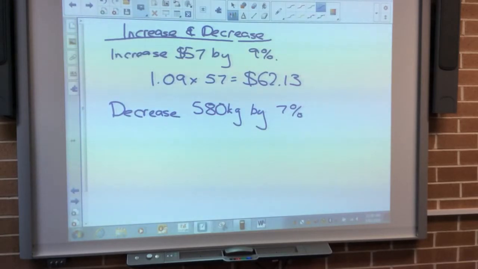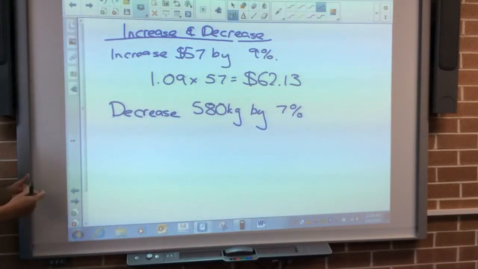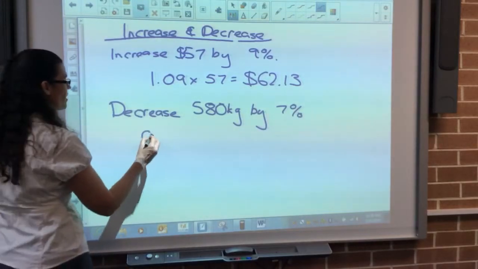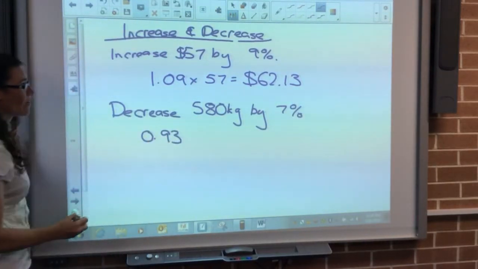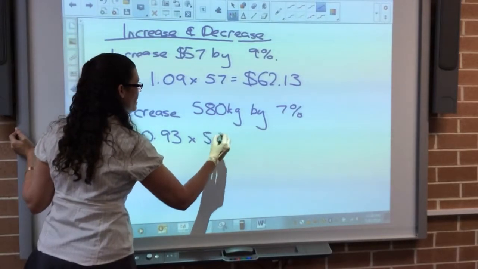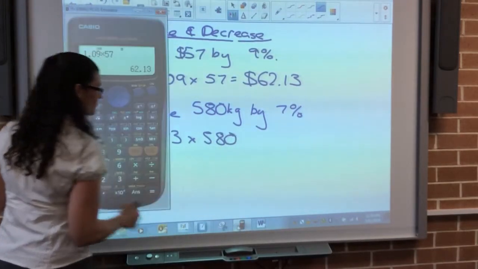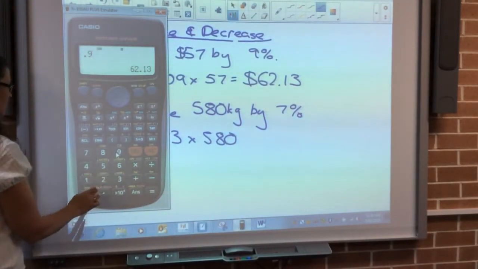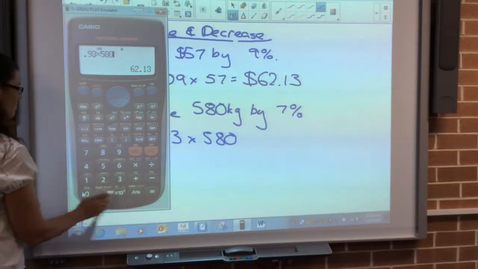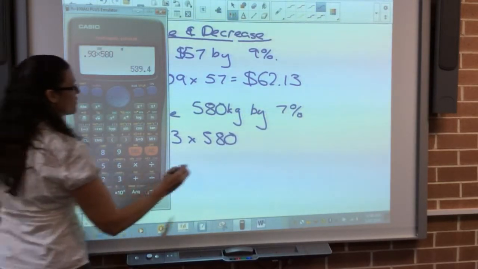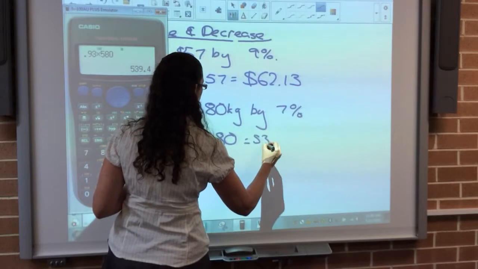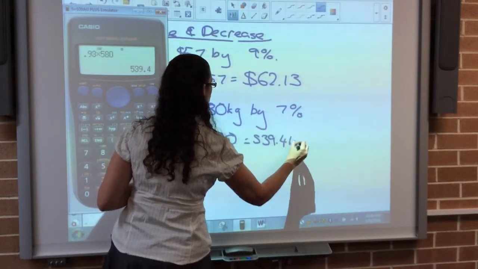They'll both give you the same answer, okay? But the quickest way is to go straight to 93%, which of course as a decimal is 0.93. And we're going to multiply that by 580. So 0.93 times 580, which is 539.4 kilograms.